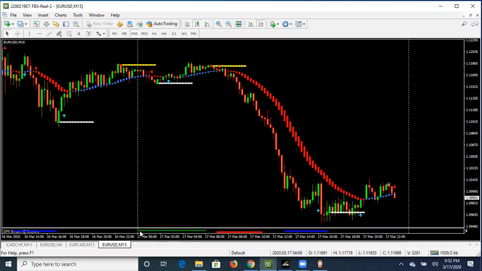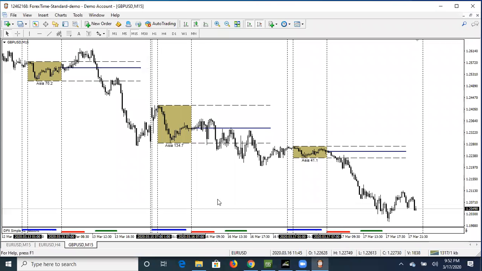So what we have here, the green box, the green line, denotes the Asian session. The red denotes London's kill zone, and the blue denotes the New York kill zone. I'll use a different chart to illustrate this even further, right?